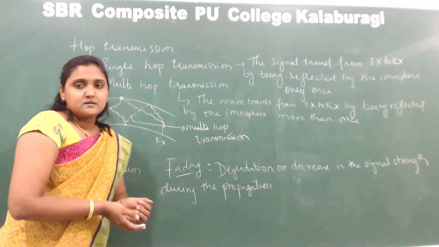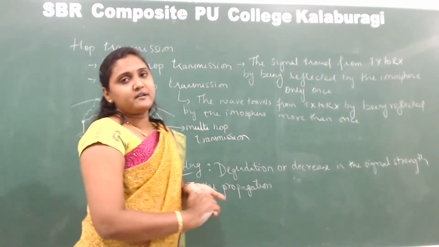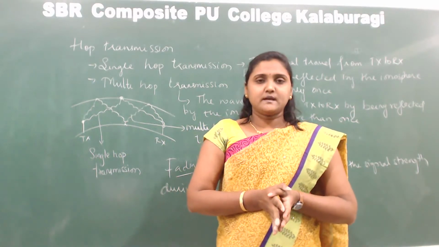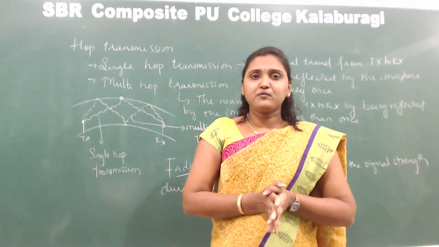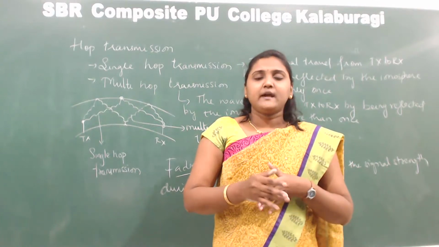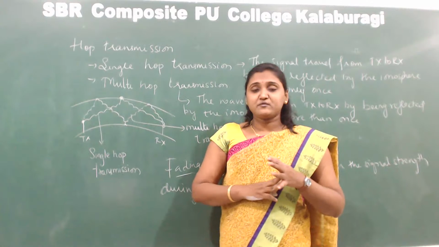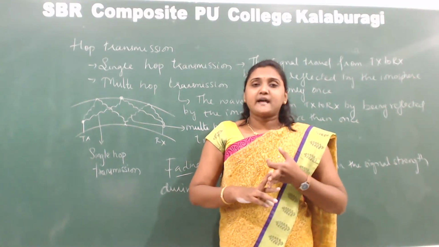So this is all about the chapter wireless communication, where we have studied starting from the block diagram. We covered the EM waves, the electromagnetic waves, and moving to the types of waves, that is ground wave, ground reflected wave, space wave, and sky wave. And then the types of propagation: ground wave propagation, space wave propagation, and sky wave propagation.